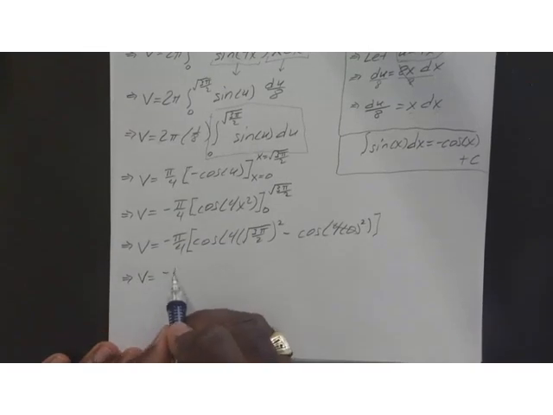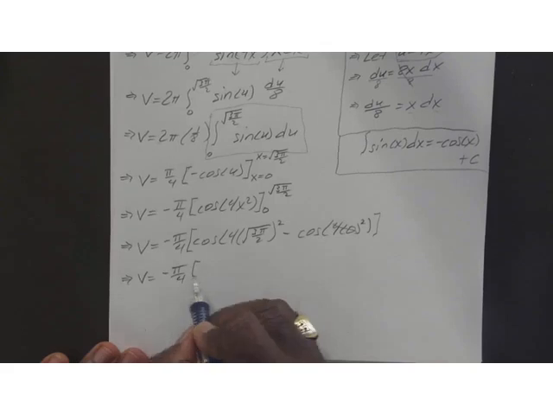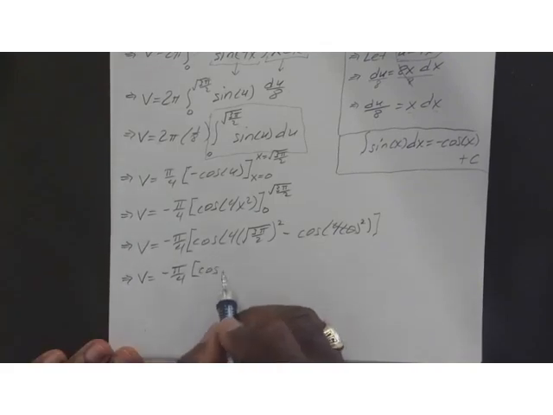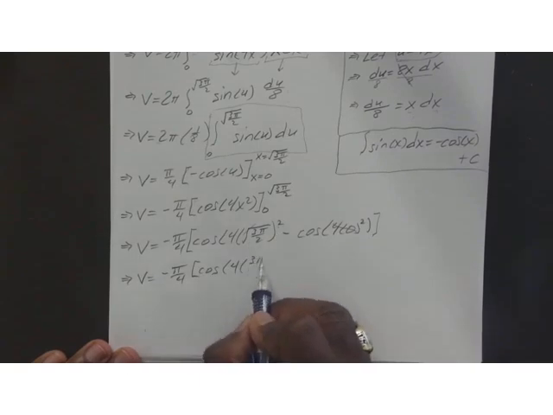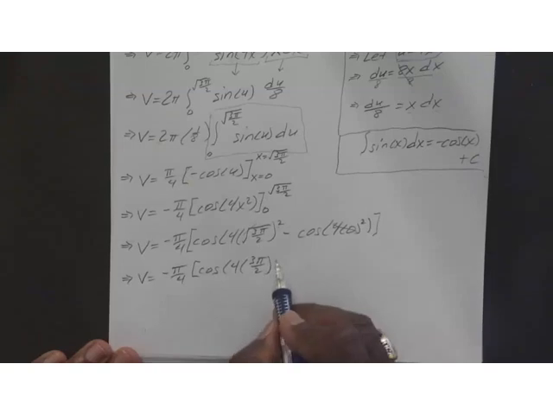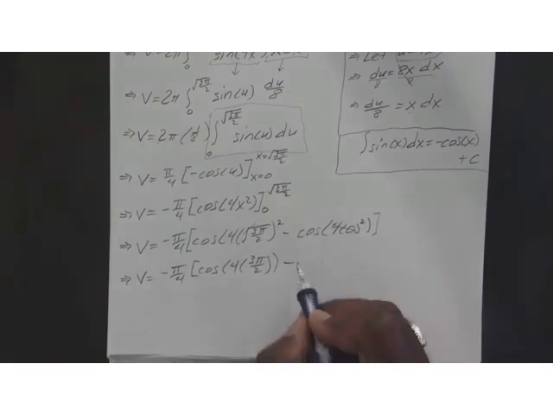So our volume is negative pi over 4 times cosine of 4, and you have the square root of 3 pi over 2 squared. So we know that square and that square root will cancel each other out. So that's just 3 pi over 2. Minus cosine of 0.